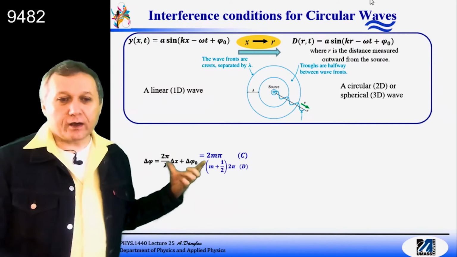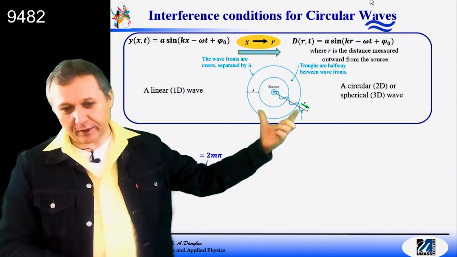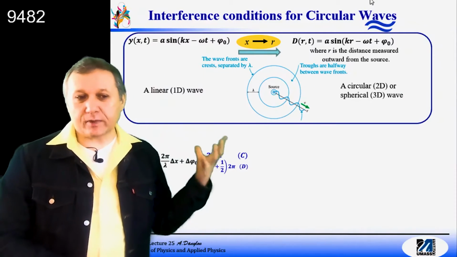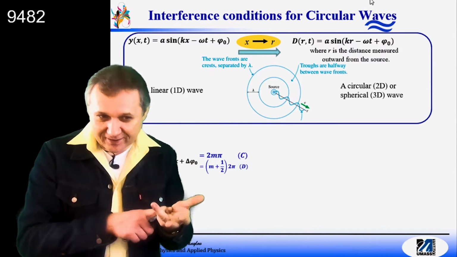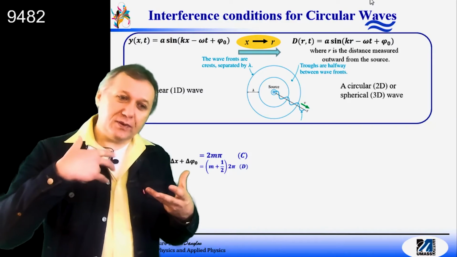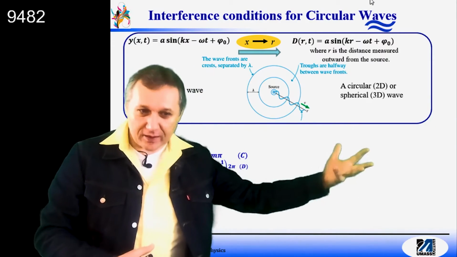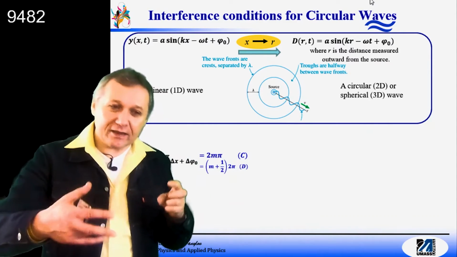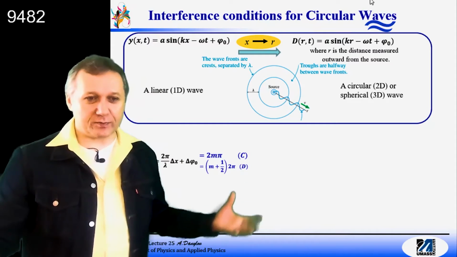And then we adjusted this condition for circular waves. Again, these waves must be identical. What do I mean by identical? They must have exactly the same amplitude. Then they must behave in exactly the same way in space, which means wavelengths must be the same, and they must behave in exactly the same way in time, so the period must be the same.